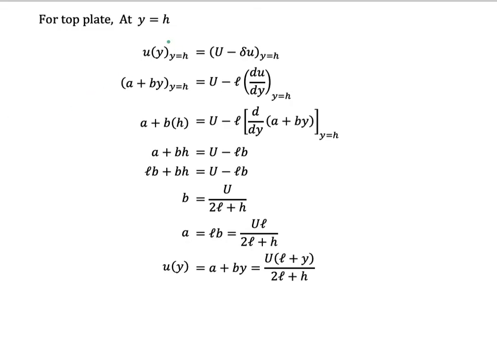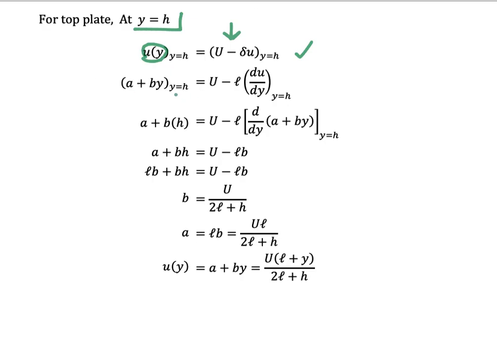And then for the top plate, which is y equal to h, we do the same thing here, but we use the velocity at the top, which is U minus delta U. And then we use a plus b y, which is the common velocity profile for u(y) there.